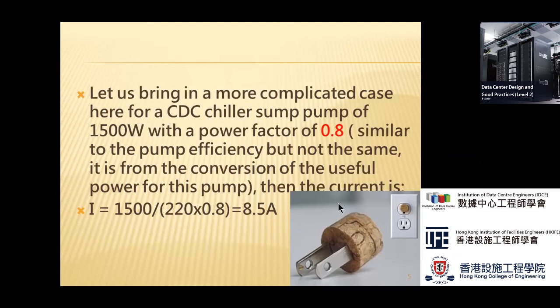So again, suppose now we have a 1,500 watt sump pump, and because I equals the power P divided by the voltage, when the power factor equals 1, we don't need to care about the power factor. Or we have assumed that we've taken into account the power factor because of the 1.